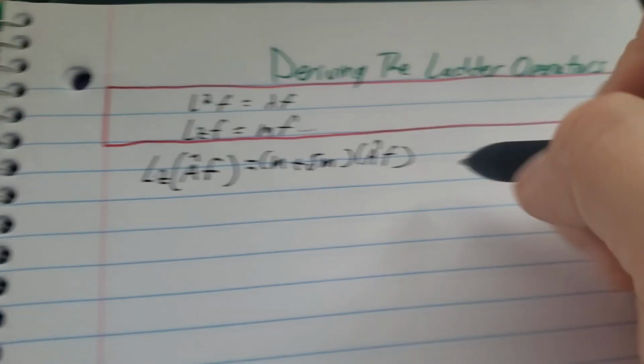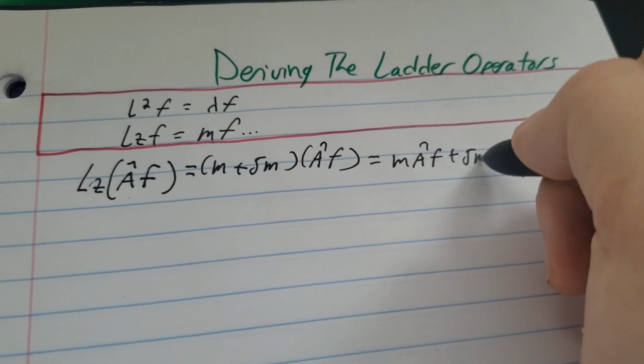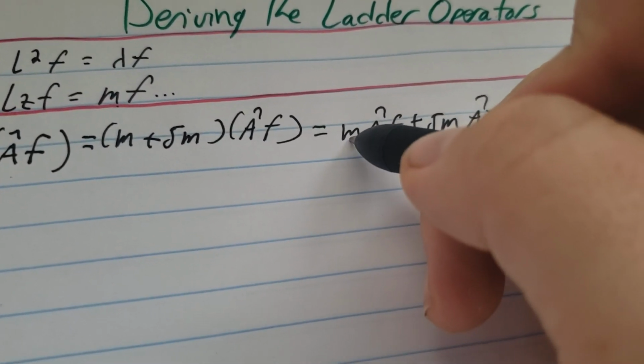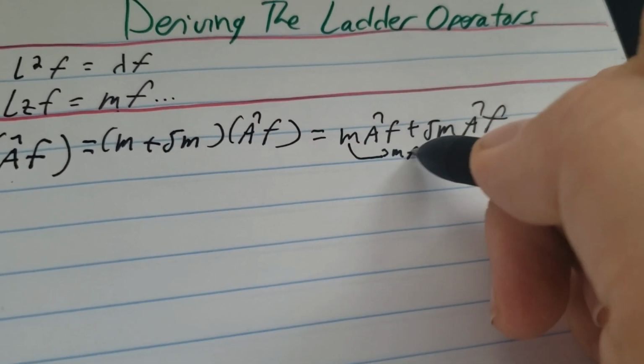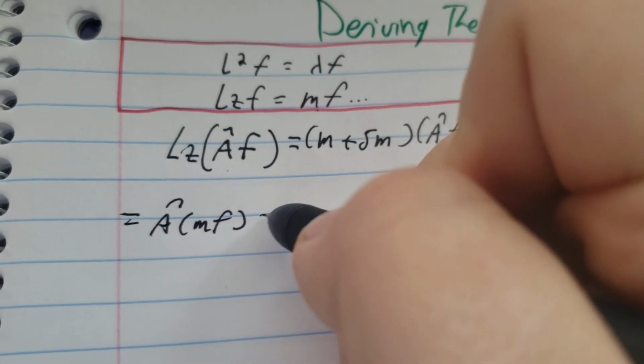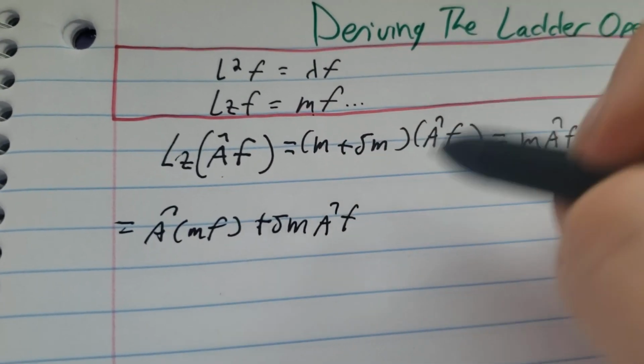Well, we can expand this out as m A hat f plus delta m A hat f. But m is just a constant, so we can bring it on the inside here. A hat m f plus delta m A hat f.